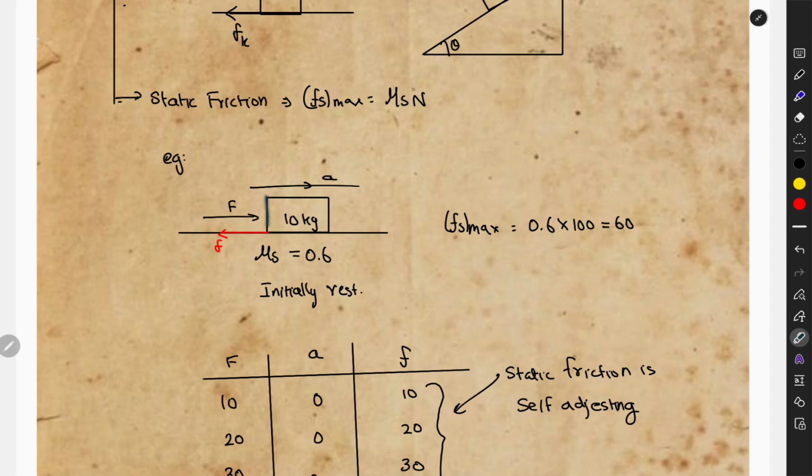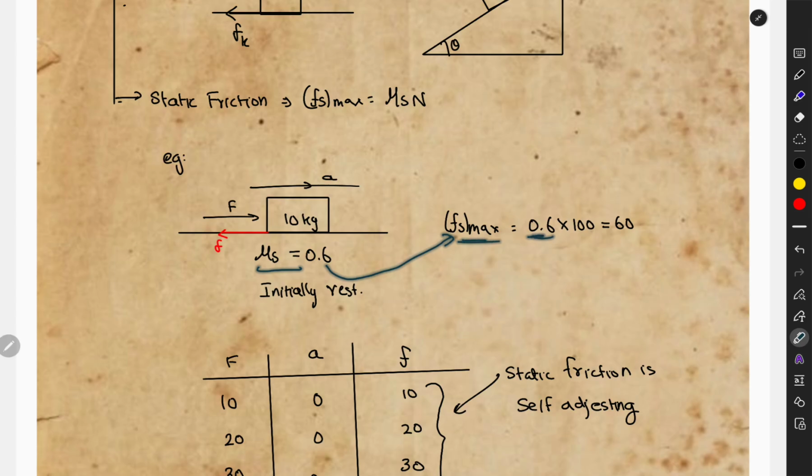For example, let's take a 10 kg block and apply a force F. The surface has a coefficient of 0.6, and the block is initially at rest. Now we need to calculate the Fs max value.